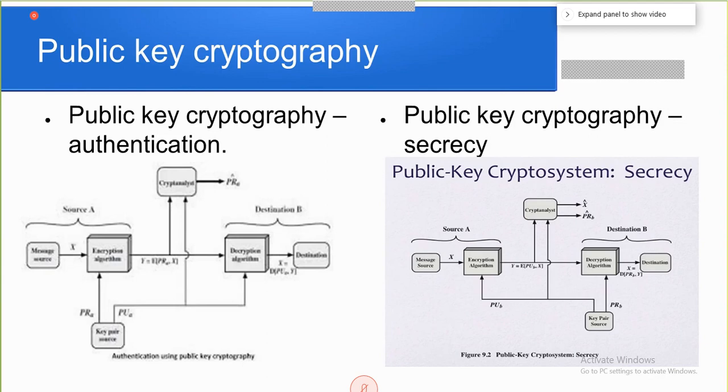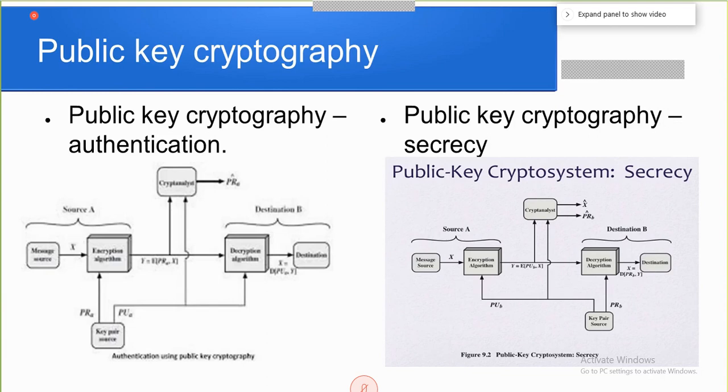In order to ensure authentication, Bob encrypts the message using his private key. Everyone knows his public key, so everyone can see it, but the ultimate aim is that Alice should identify that the message came from Bob only. So it is decrypted using the public key of Bob.